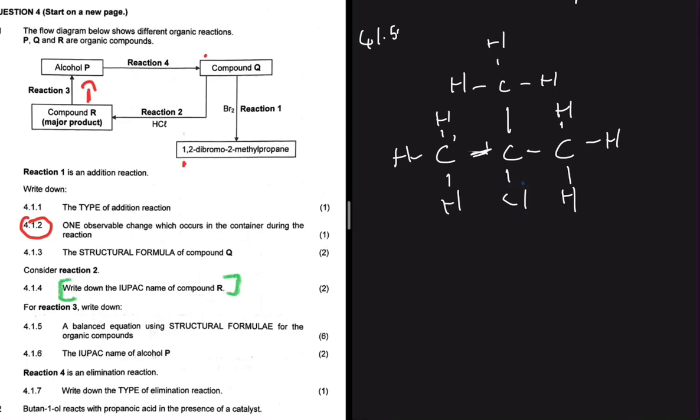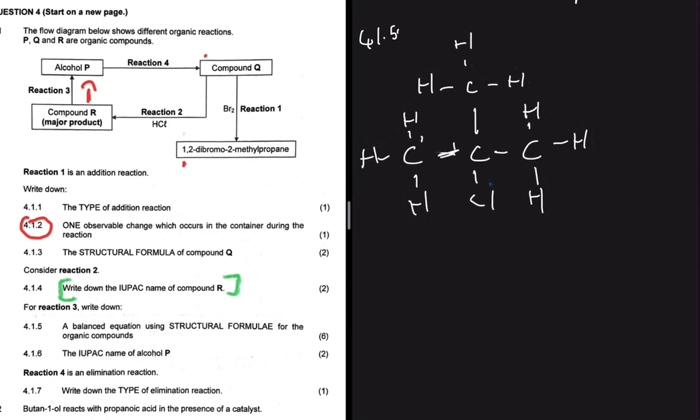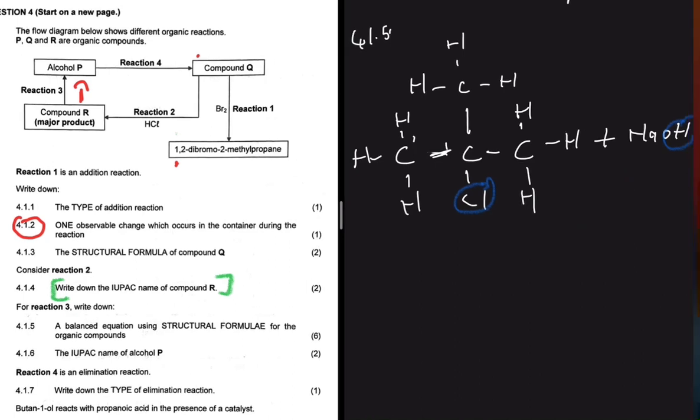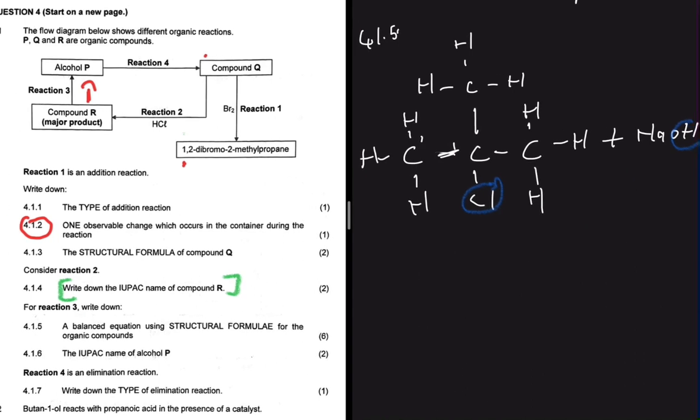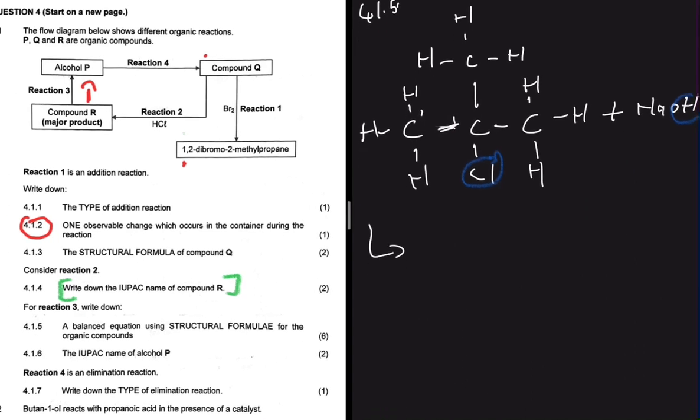Let me move it on the side just a bit. So we're going to say plus NaOH. We want to replace the Cl with an OH, but where will the Cl go? It will come here to the Na, right?